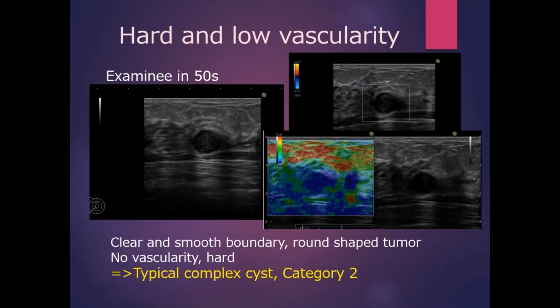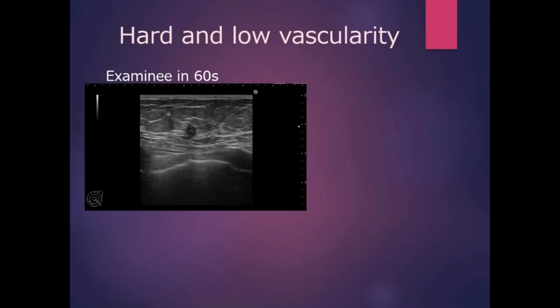Complex cysts often show elasticity score 4, and it is characteristic to be a round, circumscribed mass and not to have vascularity inside. This case can be judged as category 2. This case was a small-sized mass in B mode alone, and I was not confident to judge it as category 3.